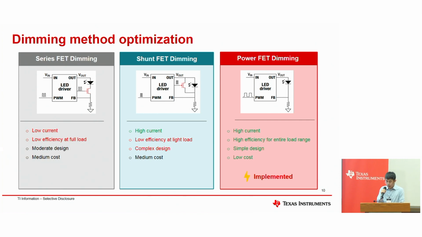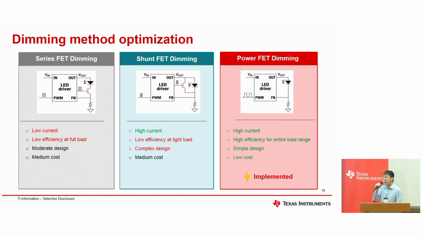The middle one is a parallel power FET across your LED anode and cathode, with the control signal sent from the driver or the MCU. But these two control schemes have some drawbacks: they cannot handle too much current, and they require an external MOSFET to handle the current path. So it's a more complex design with additional cost when you're designing the external control of the LED drivers.